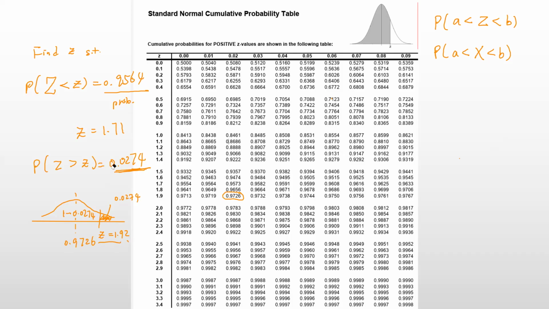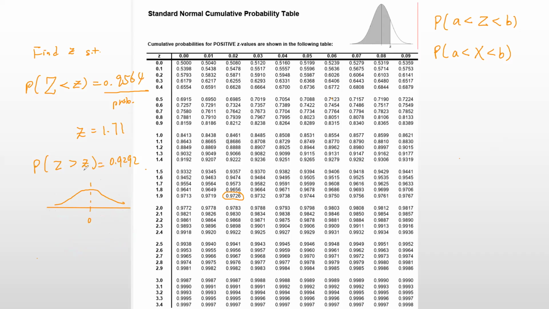What if this number is greater than 0.5, for example, 0.9292? This time I would really recommend you draw a graph, okay? This is our 0.